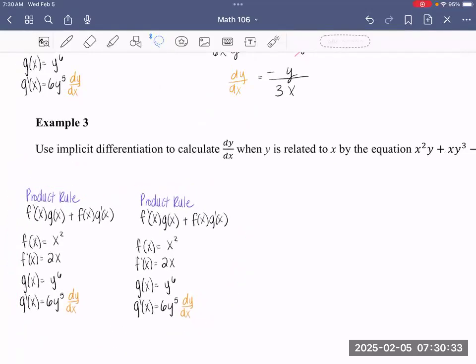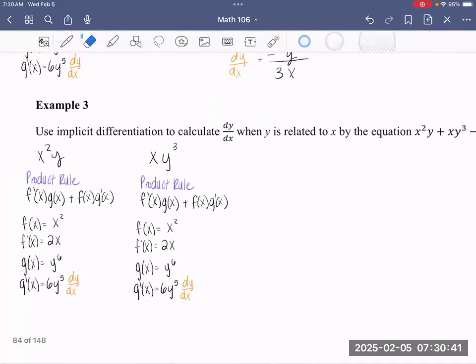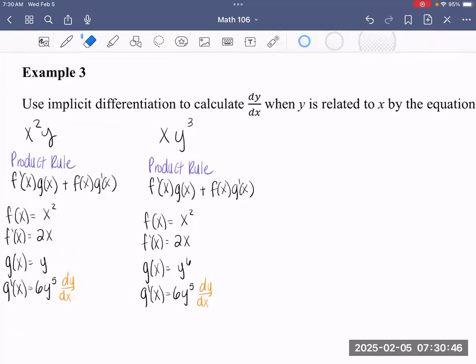So notice that your first term we have x squared y. In your second term we have xy cubed. All we have to do is just make a small adjustment to these. Actually, that one will just be 1.